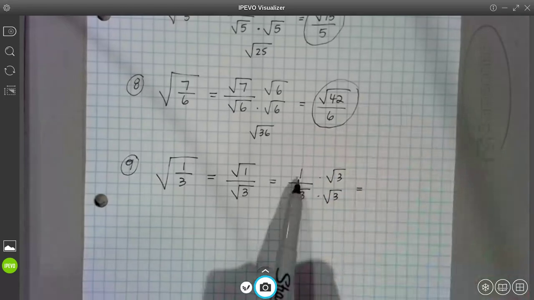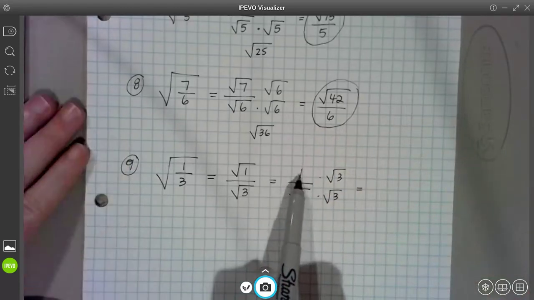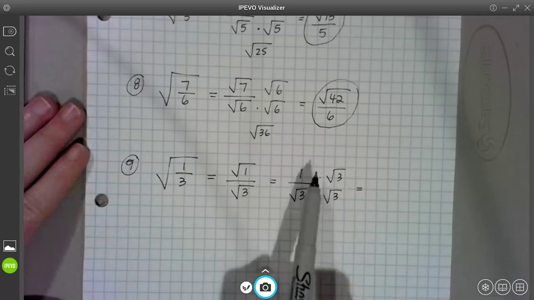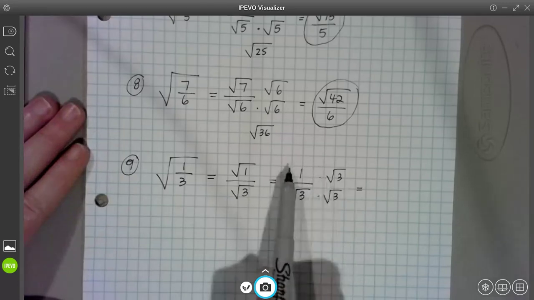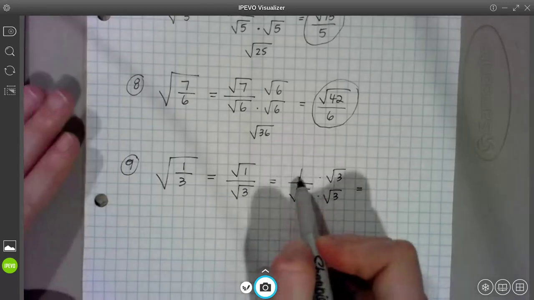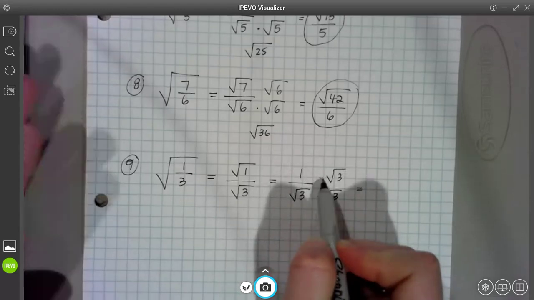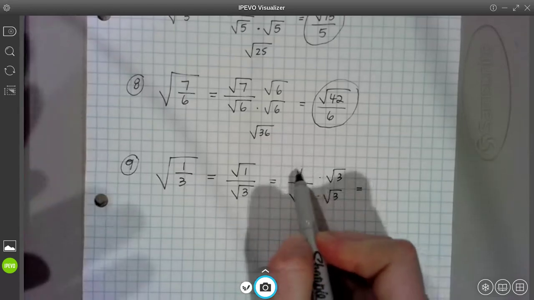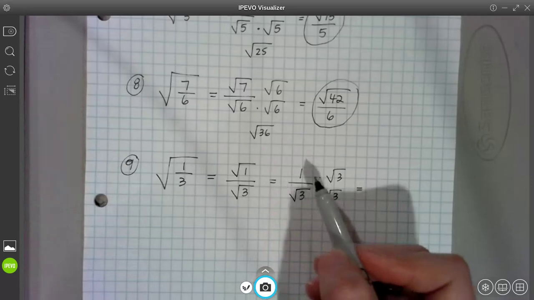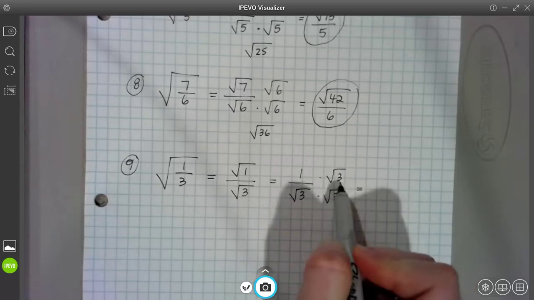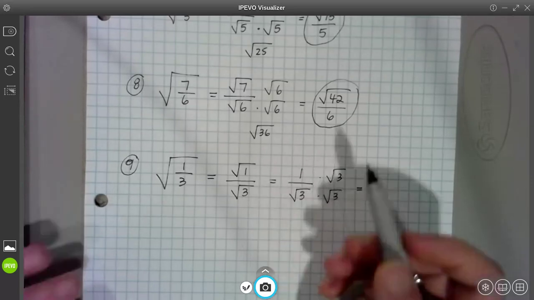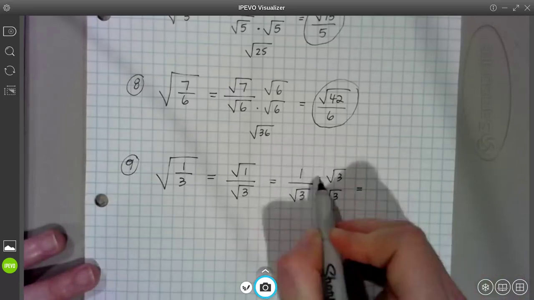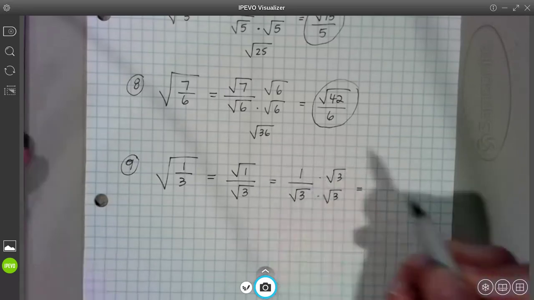Now, guys, on top, 1 is not under a square root anymore. So you could never do 1 times this 3 because he's under a square root and 1 is not. The only thing you could ever multiply 1 with is if he had a number in front of him. Like let's say he had a 2 in front of him. You could do 1 times 2 on the outside, but I could really never multiply the root 3 with that 1 out here. So all I'm really saying is 1 times root 3 on the outside is just root 3.